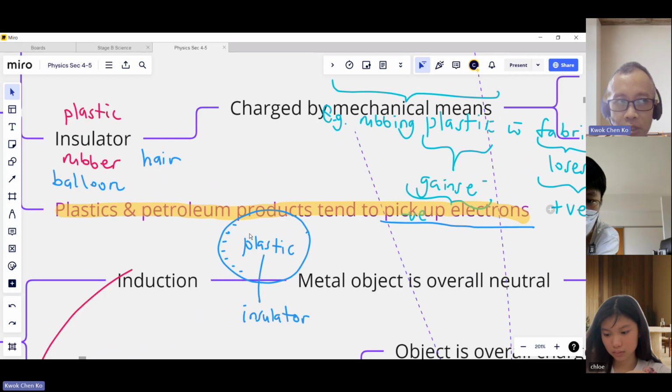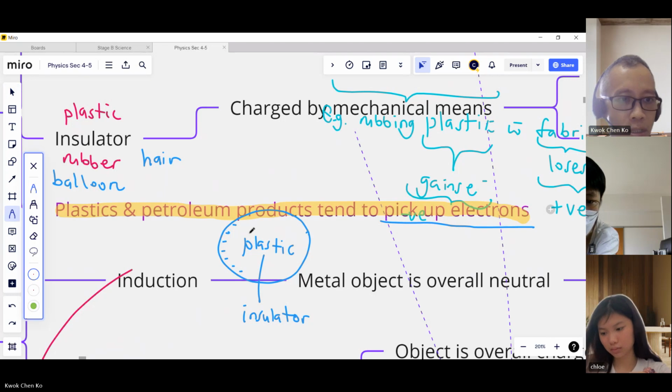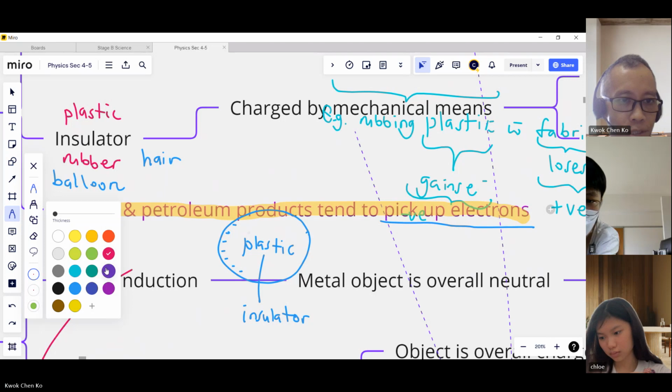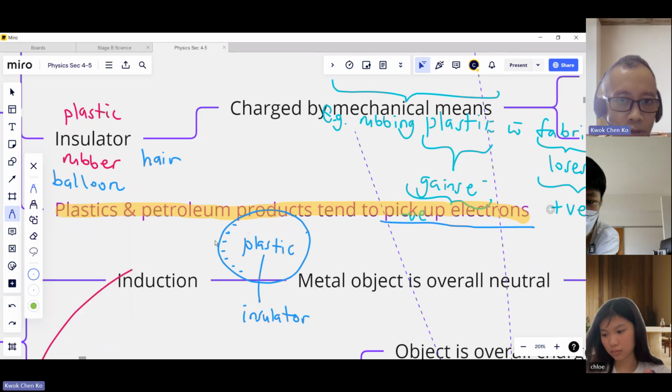If you rub on it with the correct material, let's say silk. Let's draw a piece of silk. So I rub a piece of silk over this plastic ball.